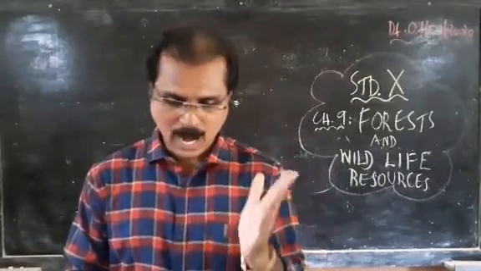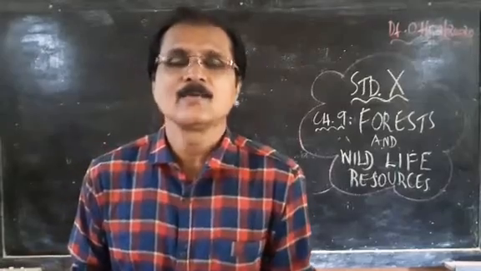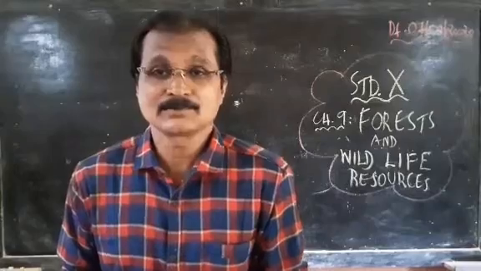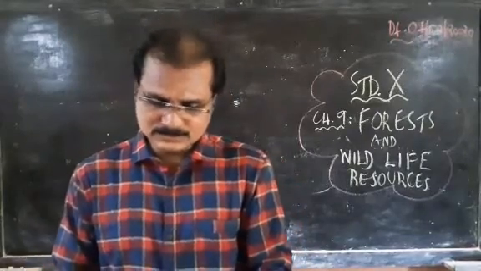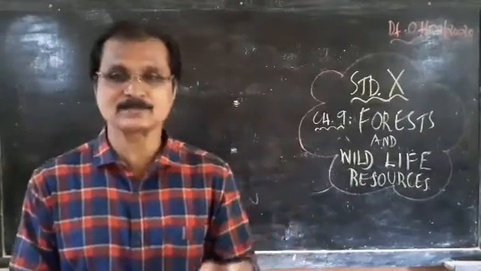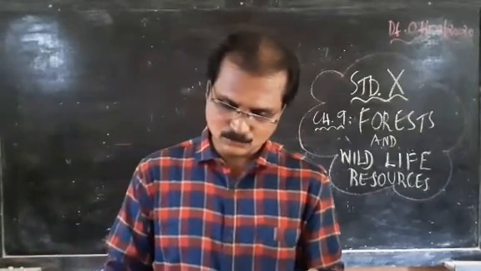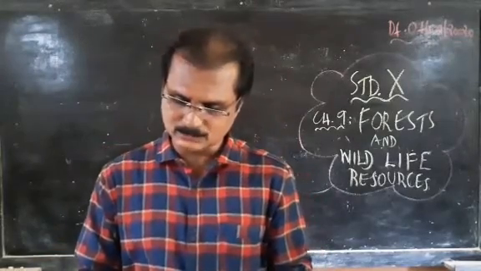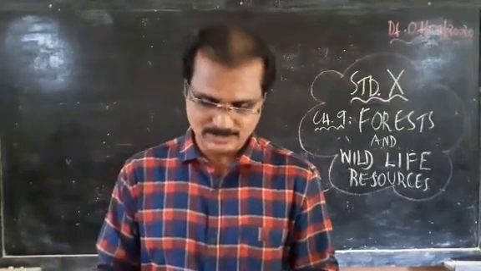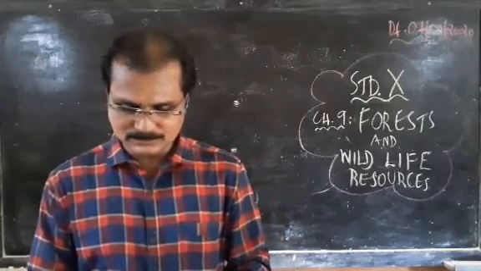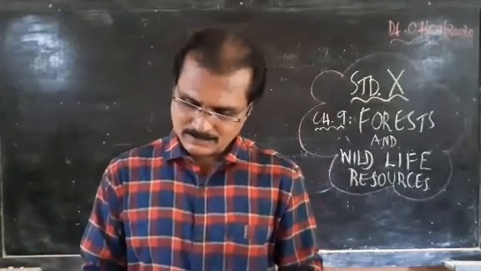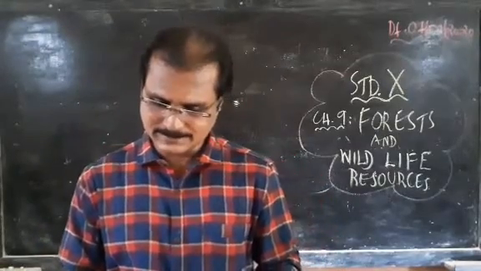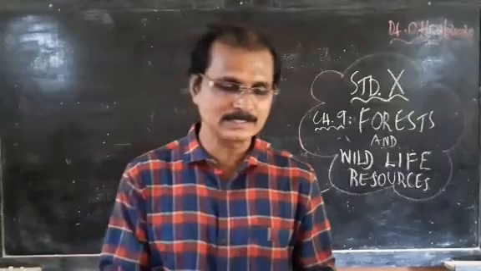Then the next point is the measures to prevent the destruction of wildlife. How to preserve the wildlife. It is necessary to change our attitude and perception toward the forest. We consider it as the source of unlimited income, which is a mistake. It must be preserved, then only the natural habitat for the wild can be saved. Then maintain the balance of the number between the herbivorous and carnivorous animals. Steps for maintaining the water resource in the forest and restriction on the grazing of domestic animals should be taken.